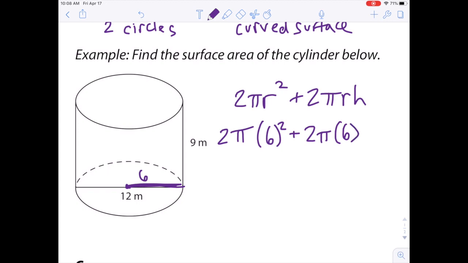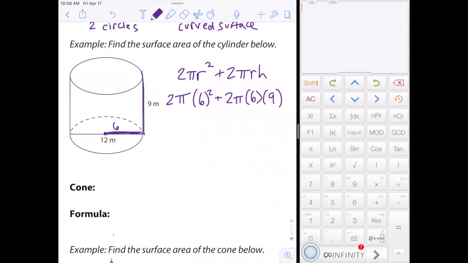And then our height is the distance between the two circles, so that's 9. Now I've got my calculator up, I'm just going to type it in. So 2 pi, 6 squared plus 2 pi, 6, 9. I just typed it in exactly how I had written it.